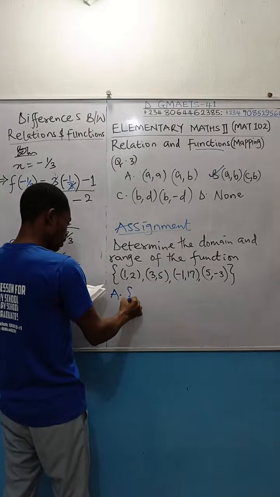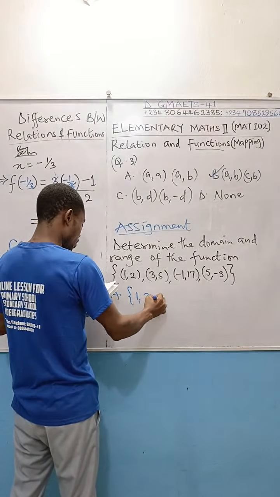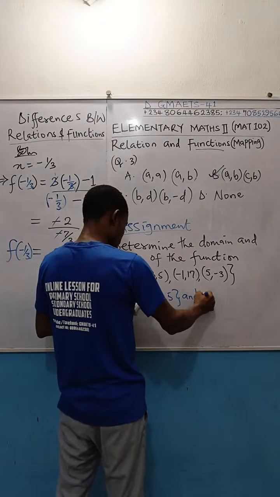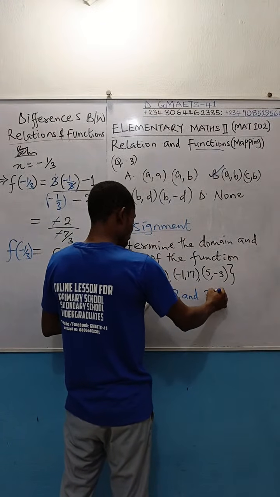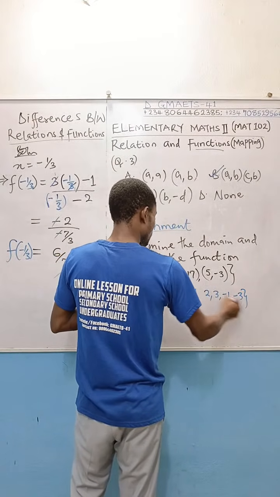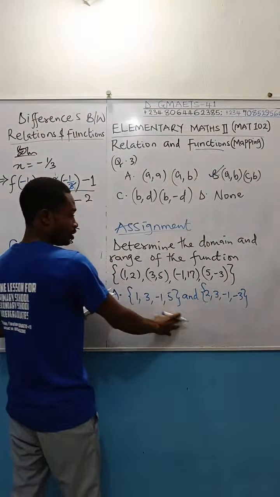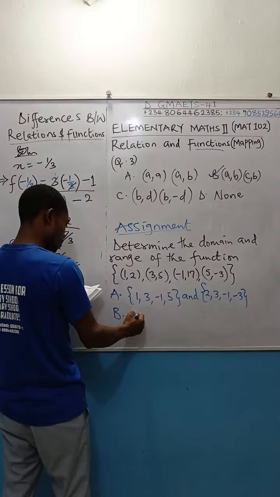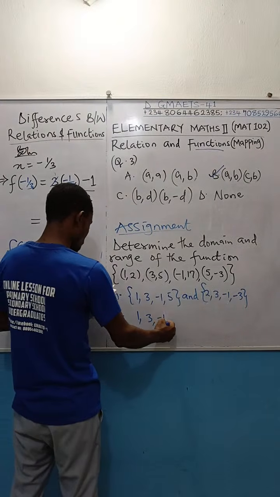Now option A: 1, 3, minus 1, 5, and 2, 3, minus 1, minus 3. So this domain, this range, that's what the option provides. Option B: 1, 3, minus 1, 5.